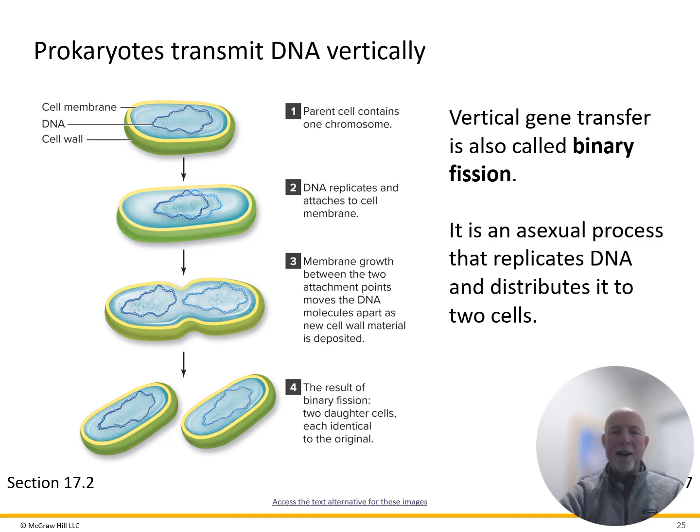Both of them are identical to the parent cell. That's why we can call them technically clones. This is asexual reproduction. No sperm, no egg, no sex cells, no gametes. But we do have to replicate from one to two cells. E. coli replicates about every 20 minutes in a petri dish.